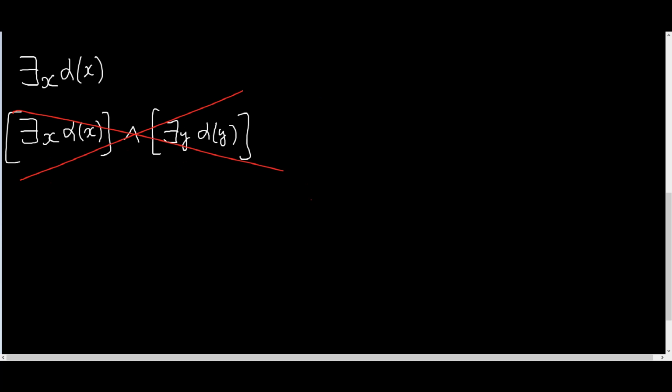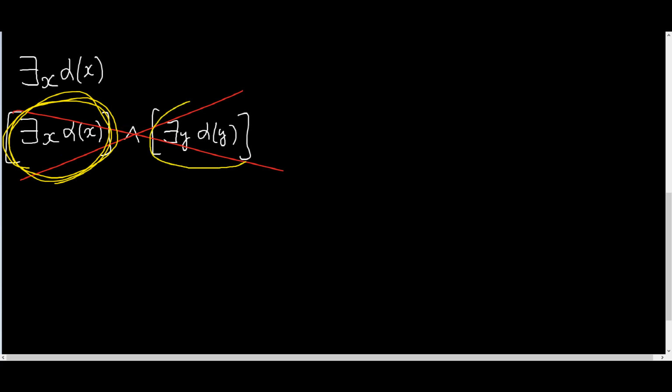And the reason why this is wrong is because, as we said earlier, the meaning of the x value is not retained as soon as we leave the brackets. And so once we leave this statement, so the scope of the existential quantifier is here. It applies only to alpha x. And once we leave that scope, we only know that alpha is fulfilled for some value, and we have no access to that value anymore.